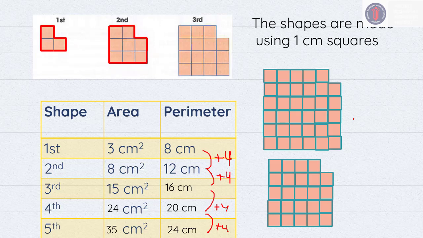You can see it's number 3D on page 101. You have to draw the sixth shape to check what is the area and what is the perimeter. Okay, so this is for number 3, learner's book, page 101.